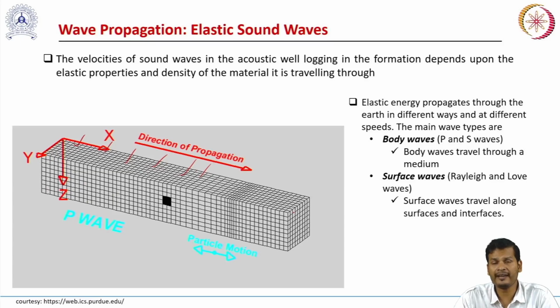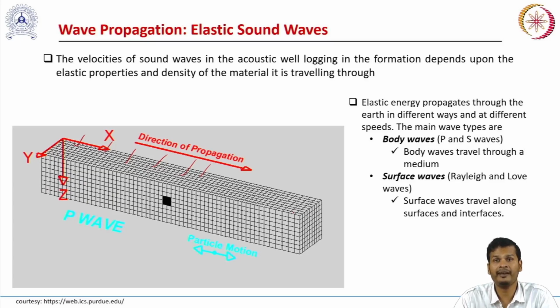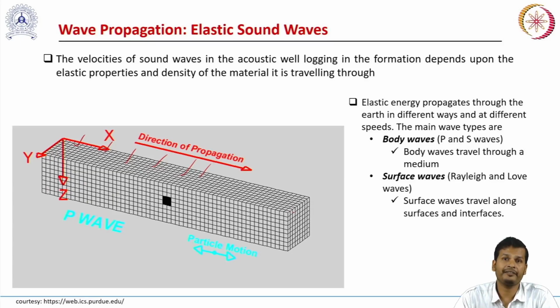So how do the elasticity and the density of the material help us understand the propagation of the wave? We know that the vibrations are forcing the particles or the molecules of the medium to move back and forth to allow the movement of the sound wave.